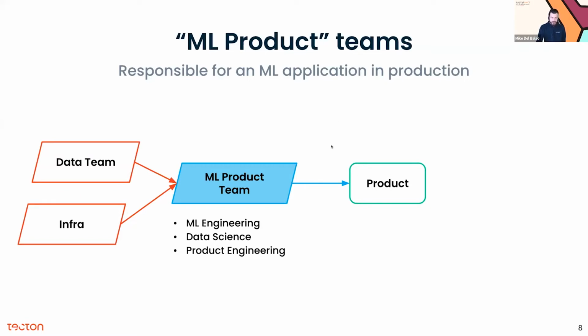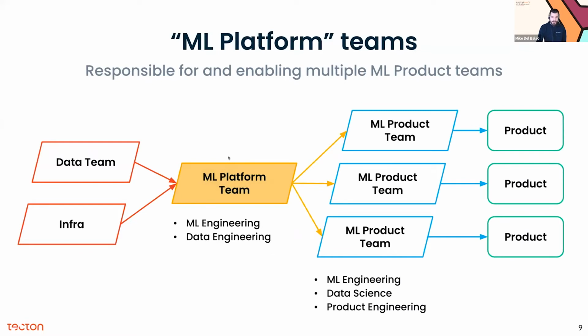When a company has a variety of ML product teams, sometimes they build an ML platform team. You may be on the ML platform team. These teams are responsible for supporting the ML product teams. Typically, the ML platform team centralizes a lot of the engineering efforts that are duplicated across these ML product teams.